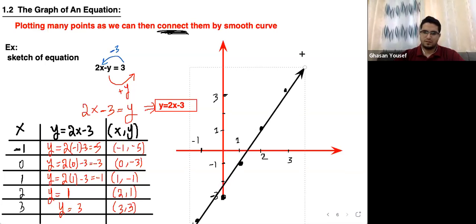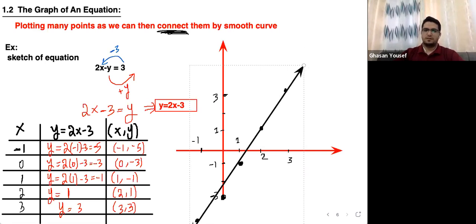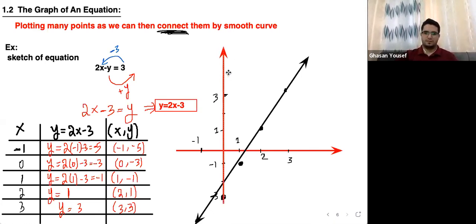This is the graph of this equation. Any questions on how we can graph something like this? Does it make sense how we can graph y equals 2x minus 3?